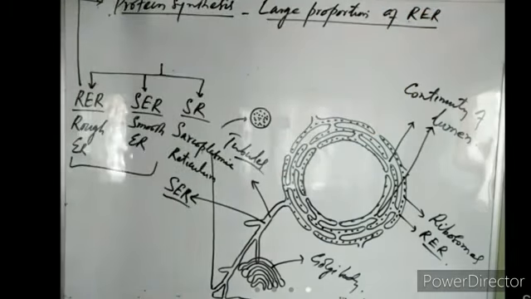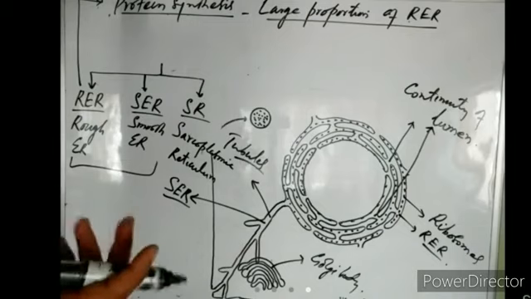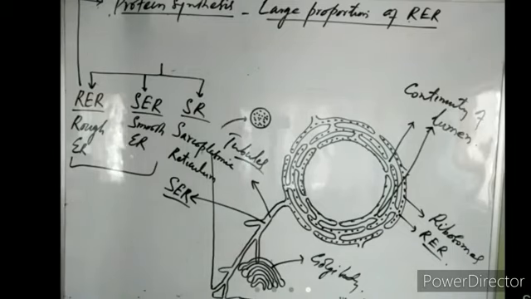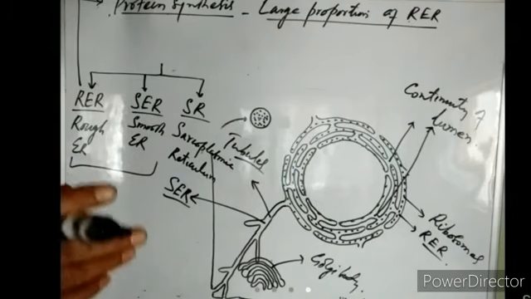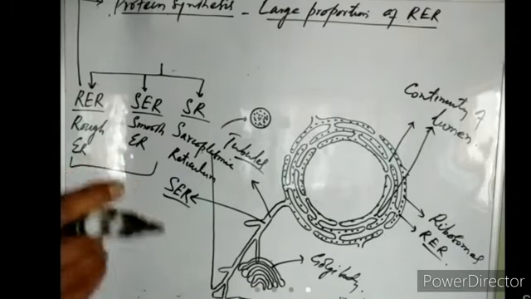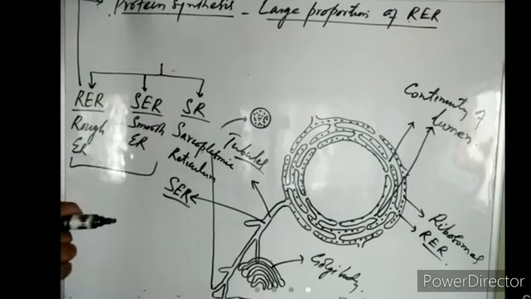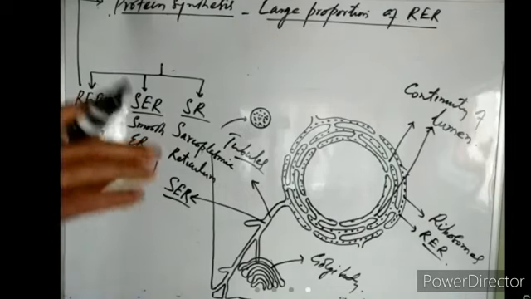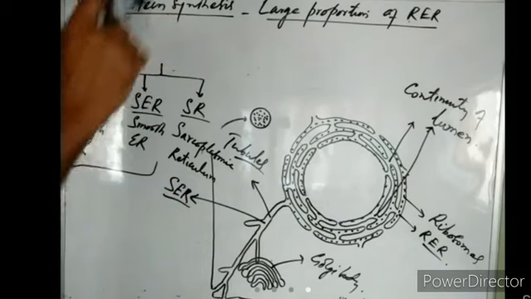They contain the major portion of their endoplasmic reticulum in the form of rough endoplasmic reticulum. So the proportion of rough endoplasmic reticulum is higher in protein forming cells. Does that mean SER is not present there? SER is present there. Smooth endoplasmic reticulum is present in protein forming cells, but in low quantity. The proportion of SER is very low as compared to the proportion of RER.